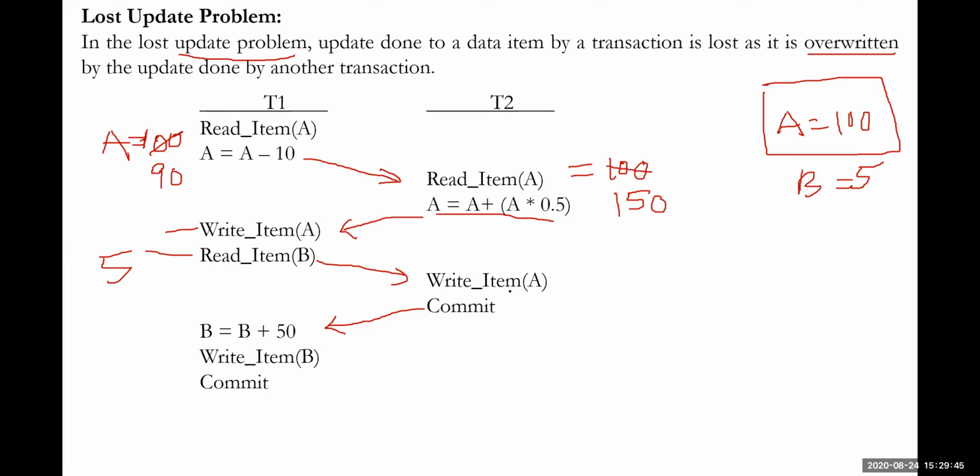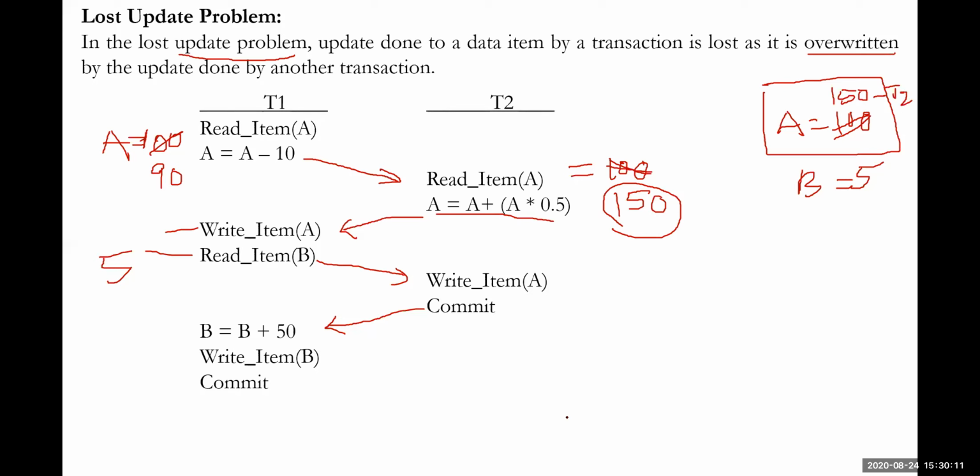After that, come to transaction T2, and now 150 will be updated in the local area of transaction T2 and then committed. Since it is committed, whatever modification was made by transaction T2 has been made permanent. 100 is overwritten with 150, which is done by transaction T2.